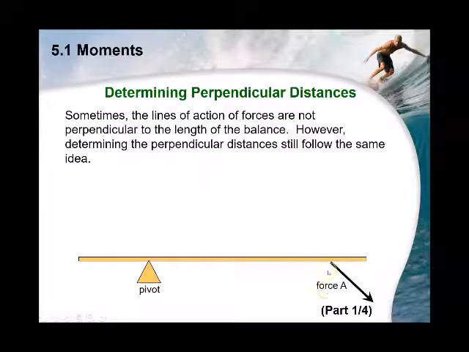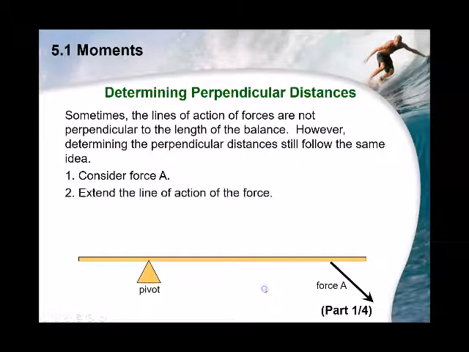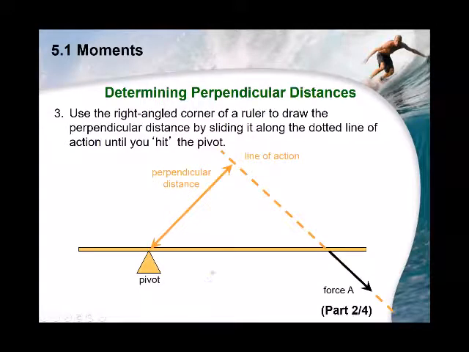Now, what about if it's like that? If it's at an angle, then it becomes a bit more tricky. The perpendicular distance is no longer from here to here. What you must do is first draw out the line of action of the force, and then from the line of action of the force, you need to get a perpendicular distance to the pivot.